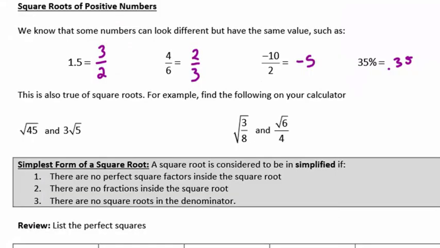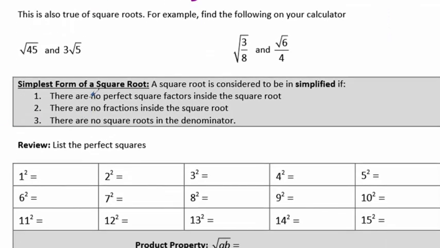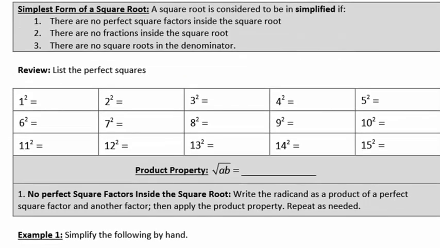So our goal with this section is to talk about what the simplified version of a square root would look like. If my square root is simplified, there are no perfect factors inside of it, no fractions inside of it, and there are no square roots in the denominator. To help us out, we want to first write down the list of perfect squares.